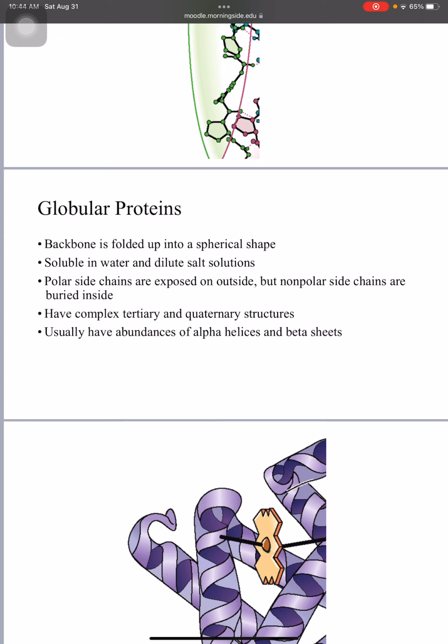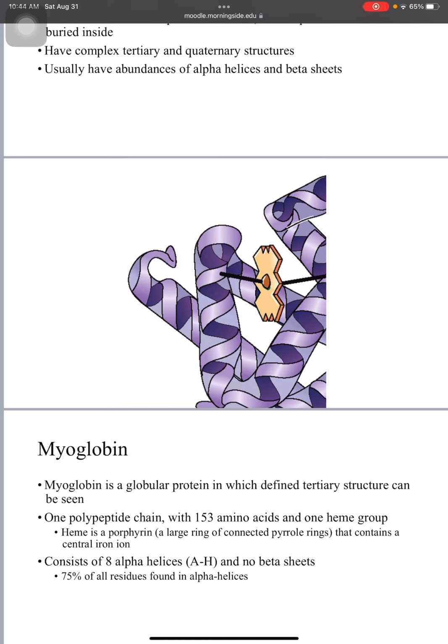This is a drawing of a good example of a globular protein called myoglobin. All right, myoglobin is a very important protein. It is designed for oxygen storage, so we have to have it to store oxygen within tissues.